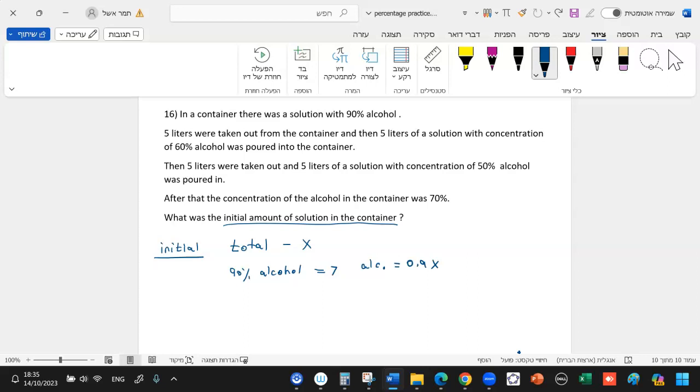Let's start with the first step here. 5 liters were taken out from the container, and then 5 liters of solution with a concentration of 60% was poured into the container. So let's see. What we took out is the total of 5 liters.